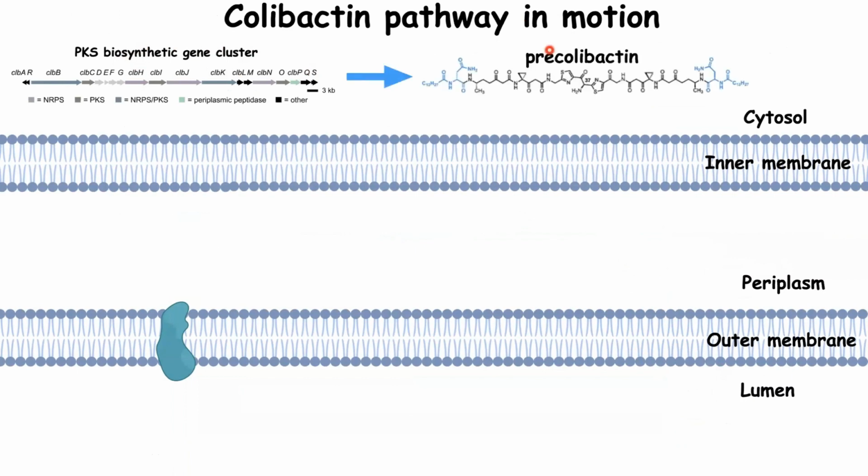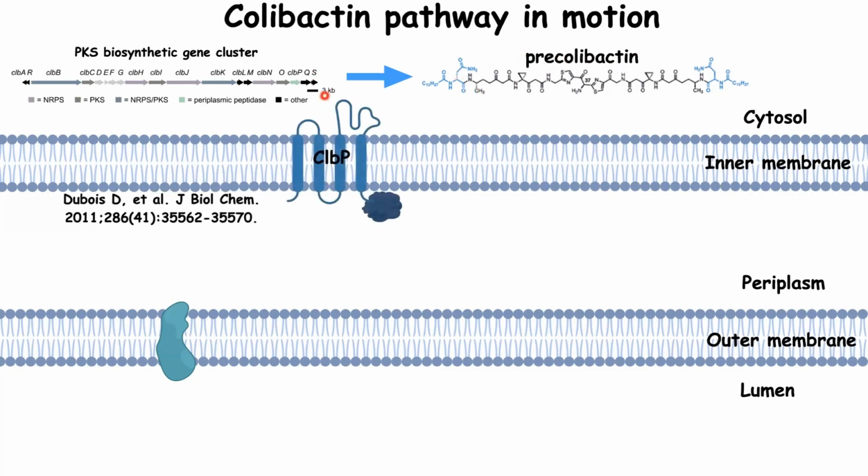I told you that the PKS island will produce a prodrug. It's called pre-colibactin. It's not activated. It could be activated by an enzyme called CLBP, but the active motif of the enzyme is facing the periplasm, right? But the molecule is in the cytosol. So how do you get this going?